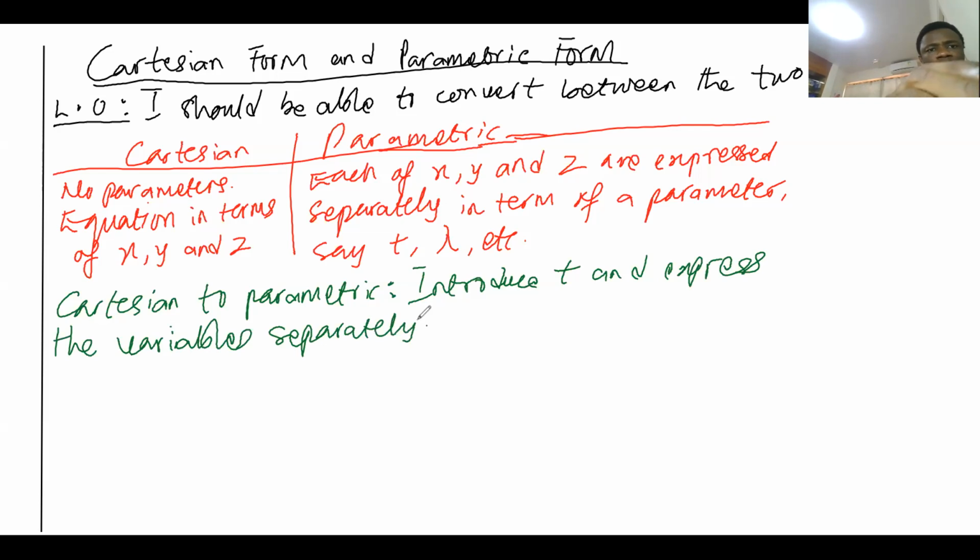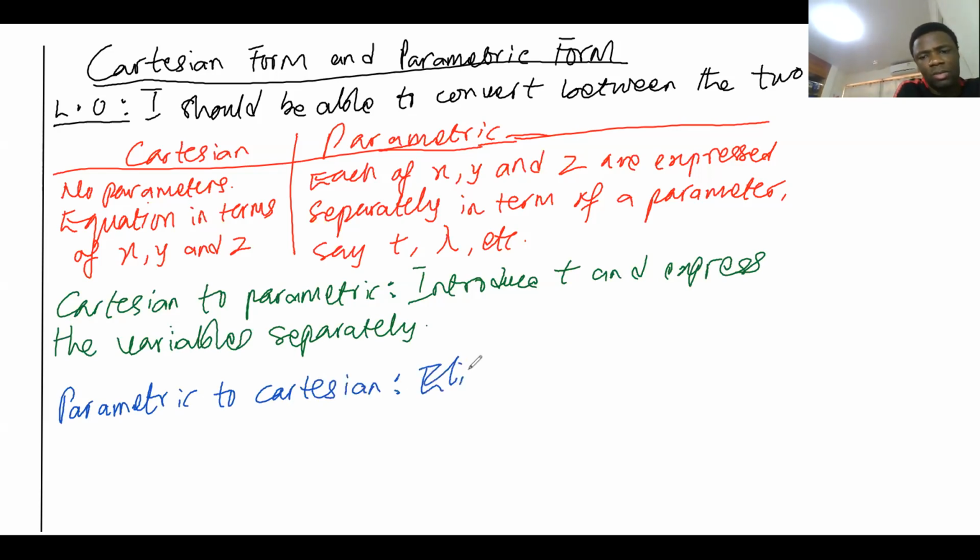But if you want to change the other way around, from parametric to Cartesian, you eliminate t.